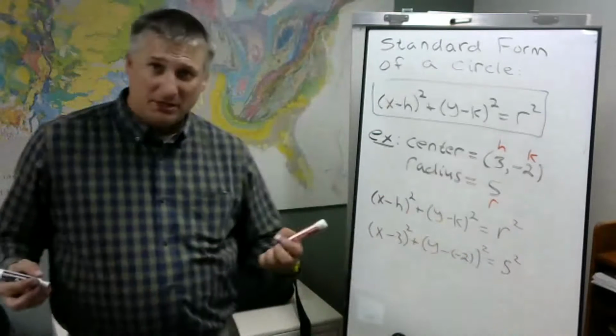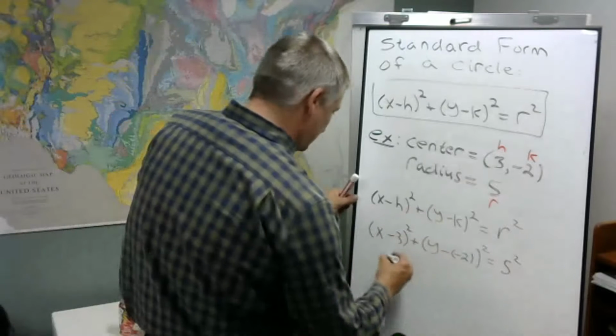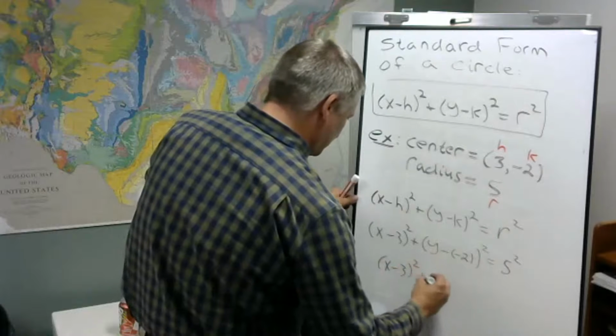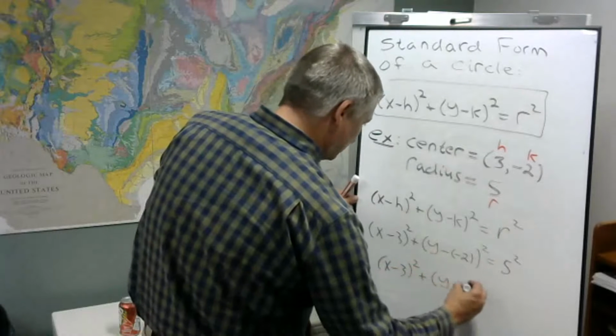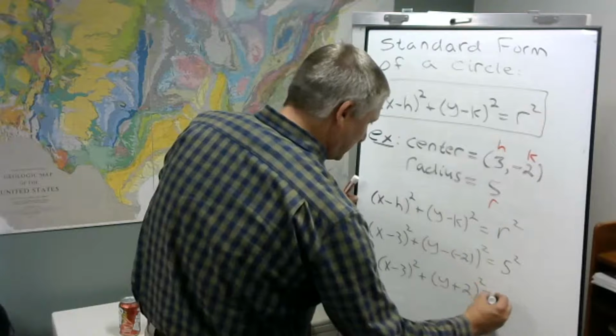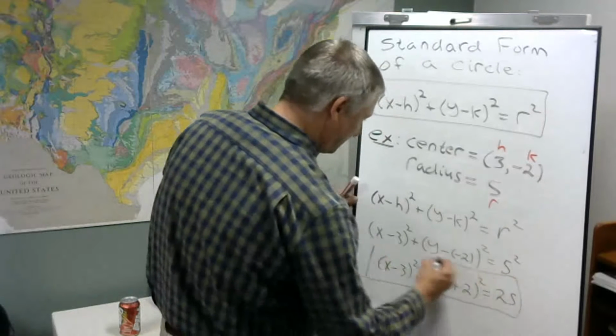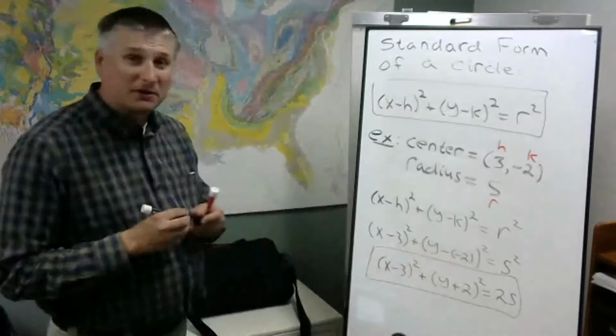Subtracting a negative is addition. So we get x minus 3 squared plus y plus 2 squared equals 25. And so there you go.